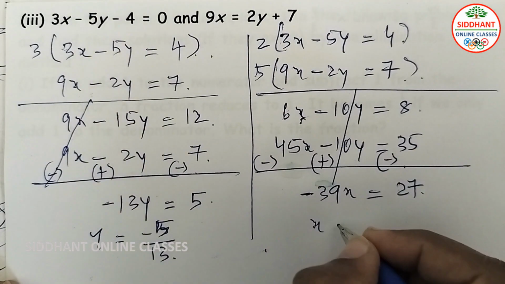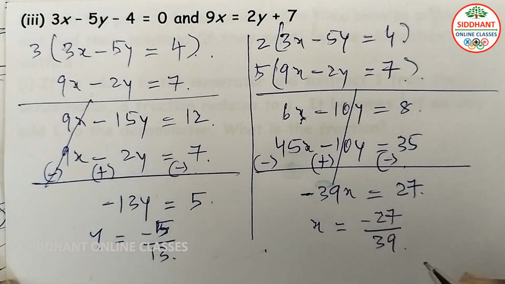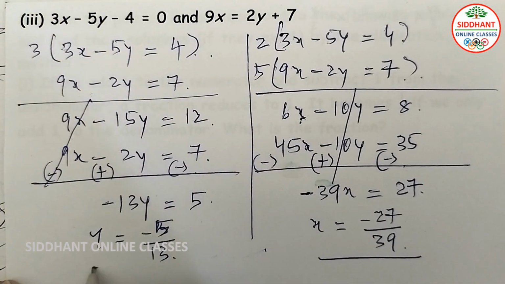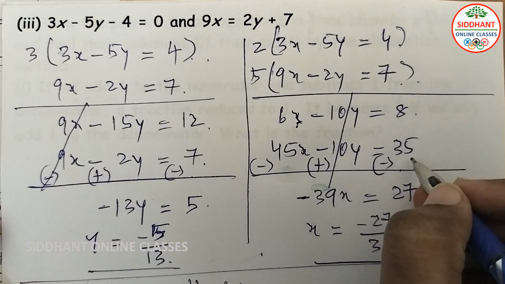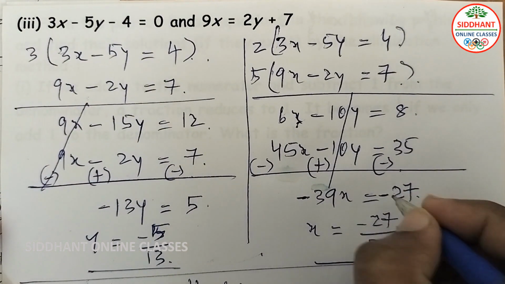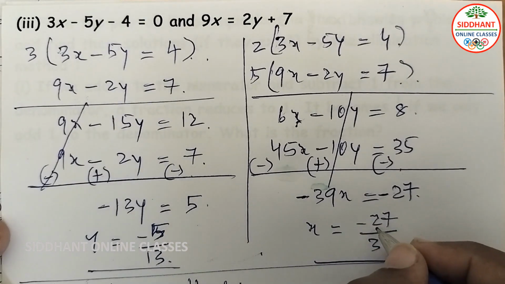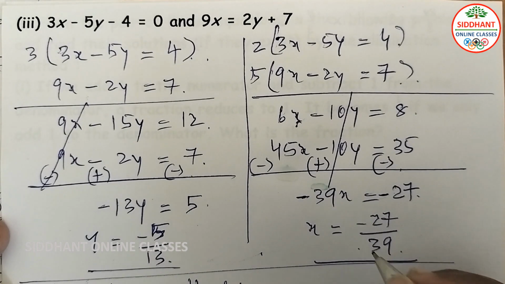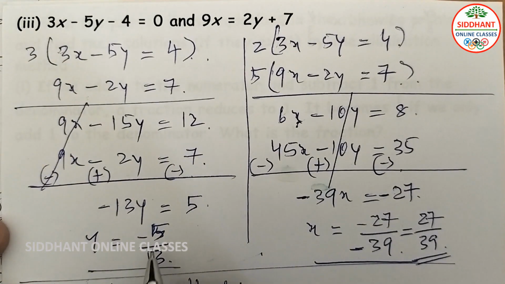So we get x equals minus 27 by minus 39, which equals 27 by 39 here, and y equals minus 5 by 13 here.